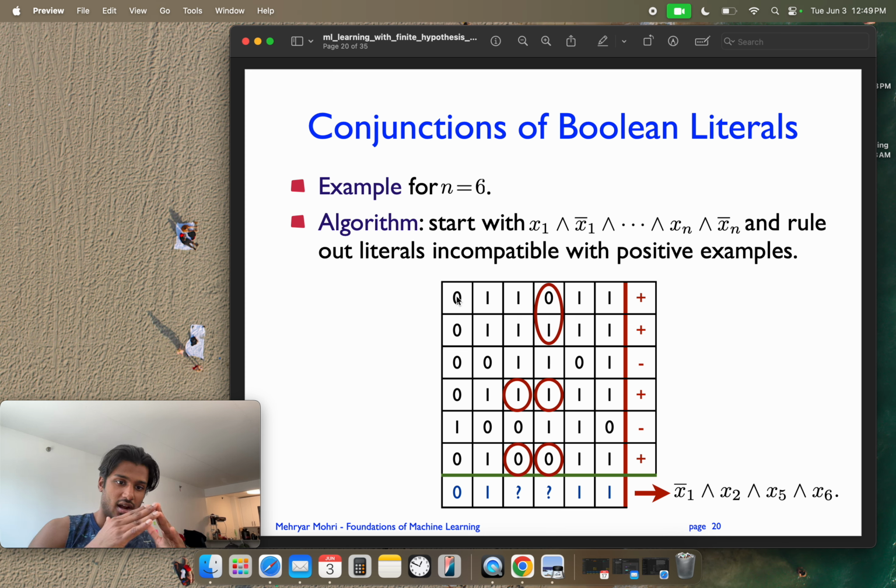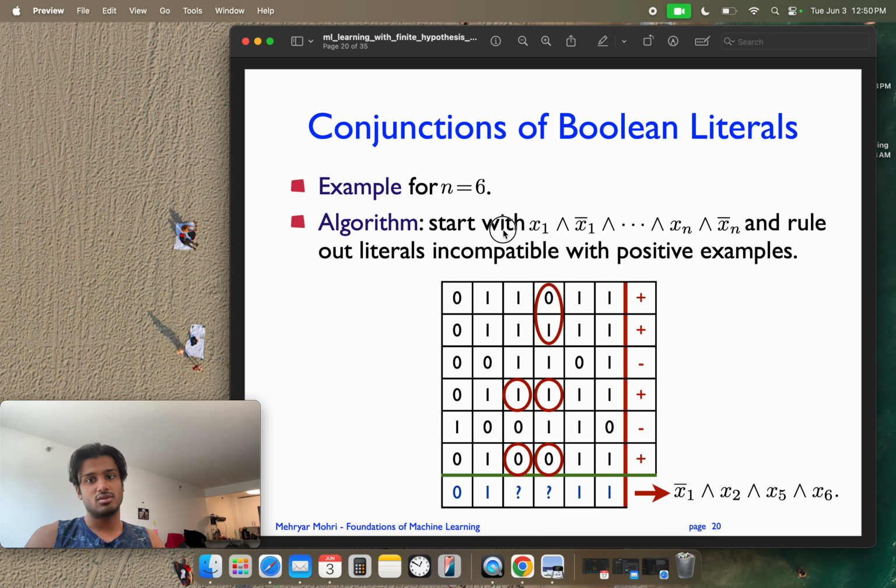A conjunction means AND operation, right? So it could be x1 or x1 bar, or x2 or x2 bar, or x3 or x3 bar, and so on, and it has to be a conjunction of them. You don't really know what the real conjunction is, but you are given a particular kind of truth table, that if I assign values 0 1 1 0 1 1, then I have the positive output, or if I assign other values, then I have the positive output, etc.